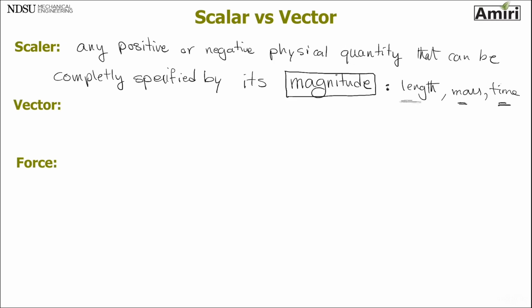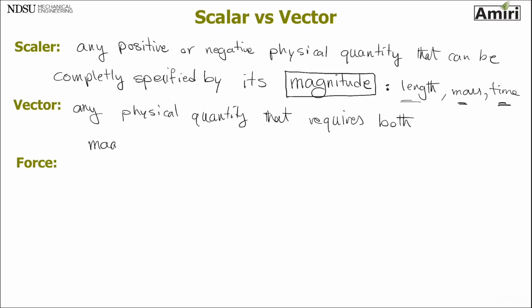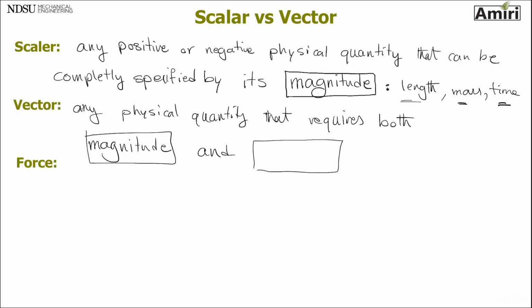In the other direction, we have vector. Any physical quantity that requires both magnitude, we still need magnitude, and something else to be completely specified.